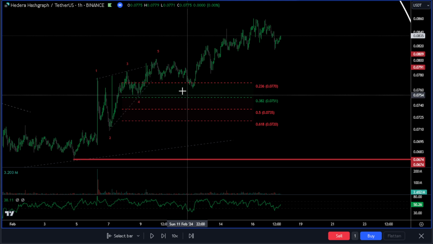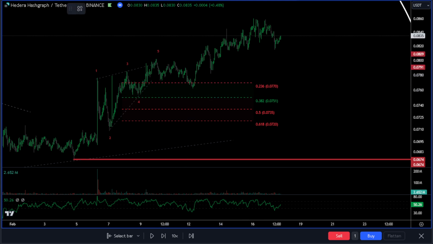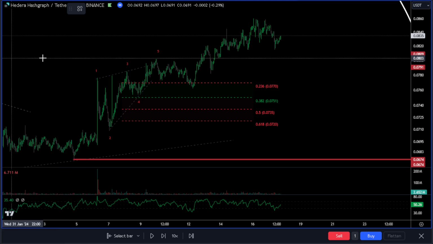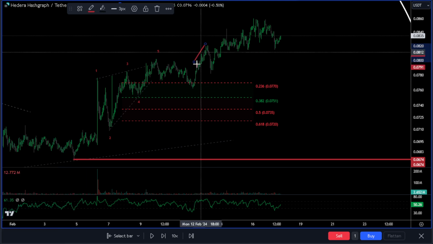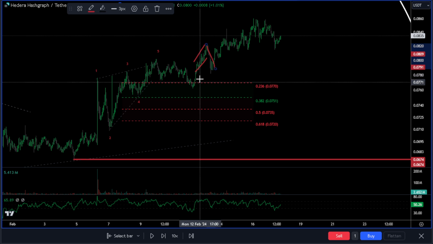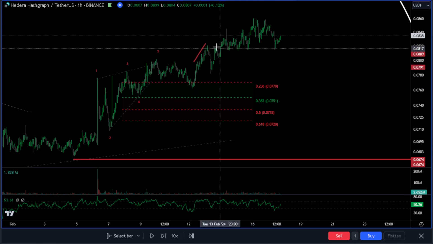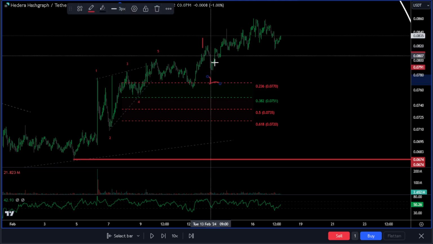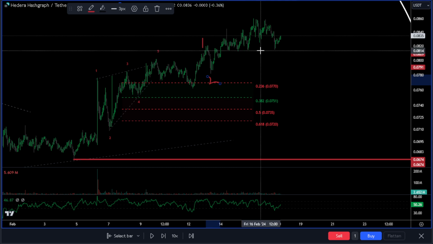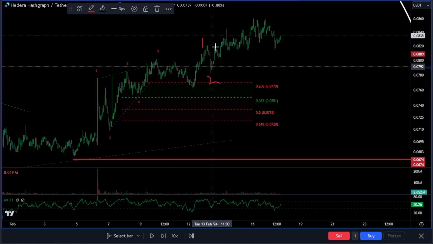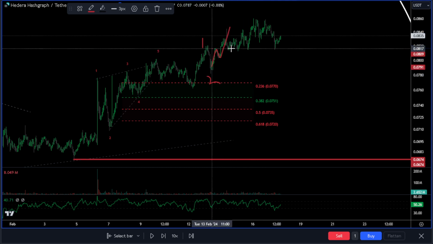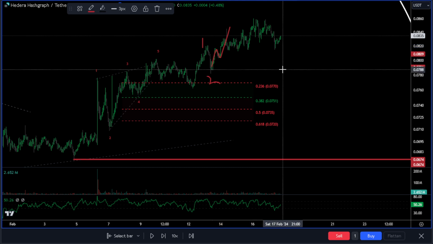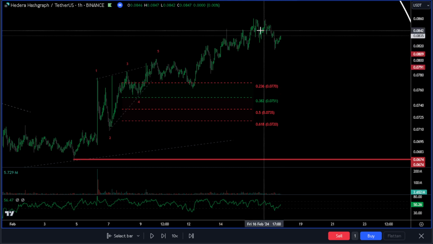Okay, so I see this. In real time, I would consider this probably another 1-2 as a diagonal. So I'd be in my trade, stop here, right? I'd be labeling this a 1-2 in real time. But at this point, when this is a 3-wave move, and then we overlap with wave 1, I have to relabel that.